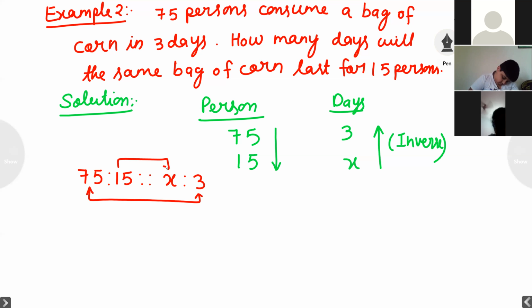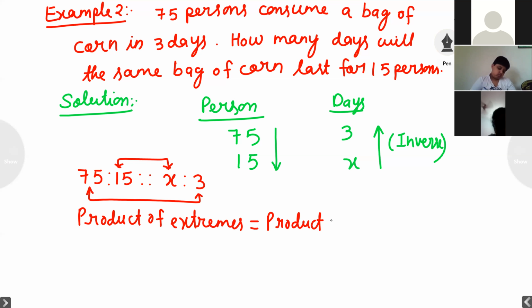Product of extremes is equal to product of means. Extremes means first and last term, means means middle terms.